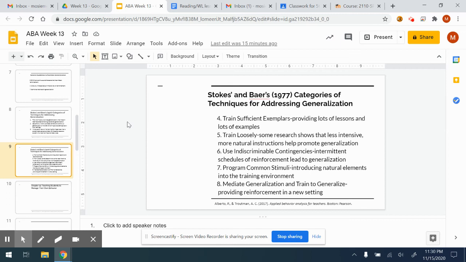Program common stimuli, so introducing natural elements into their training environment. Whatever skill it is that we want them to generalize, maybe into different settings, when responding to different people, whatever that skill may be, as we're training them in the training environment, say the special education classroom, we can introduce natural elements as we're able.